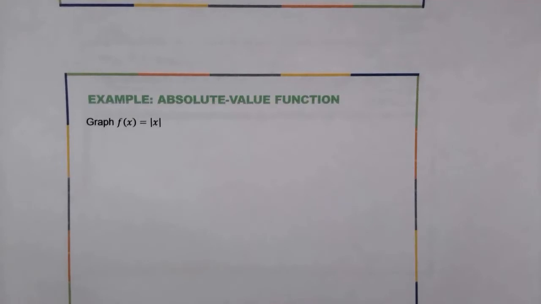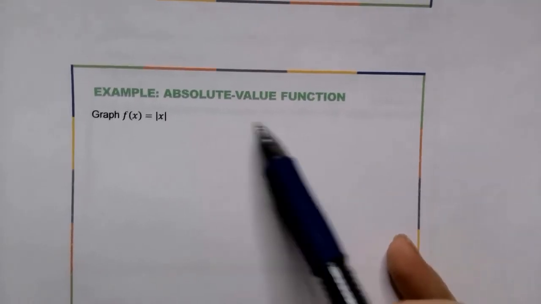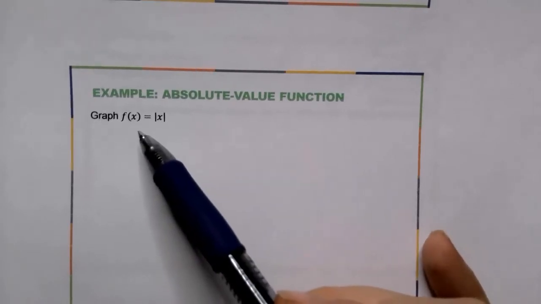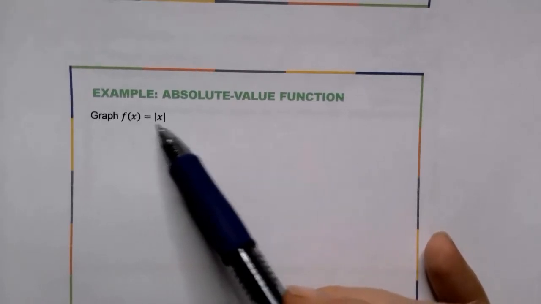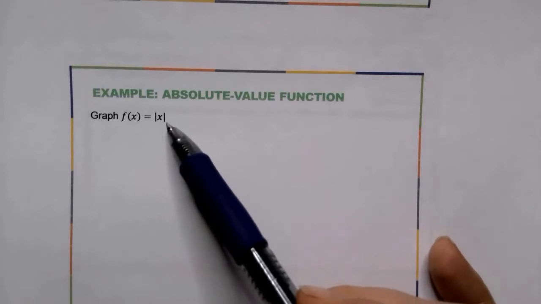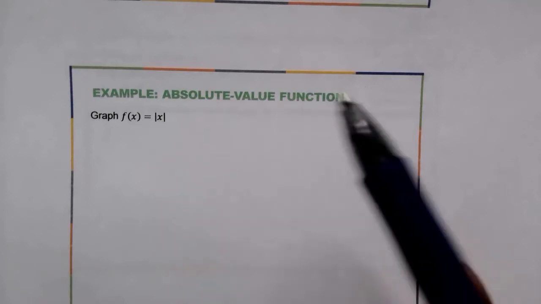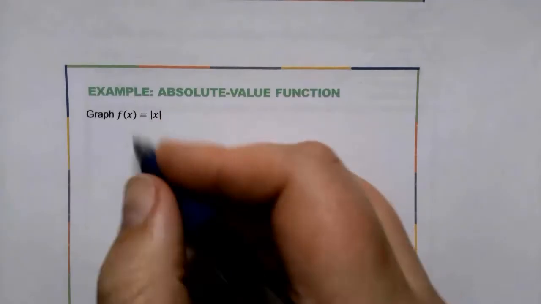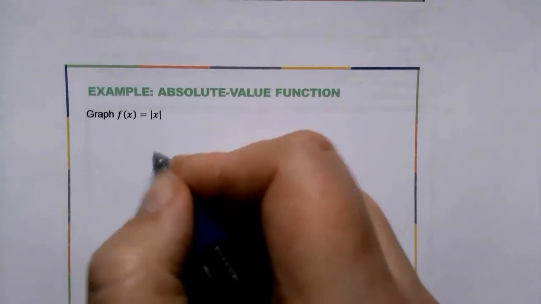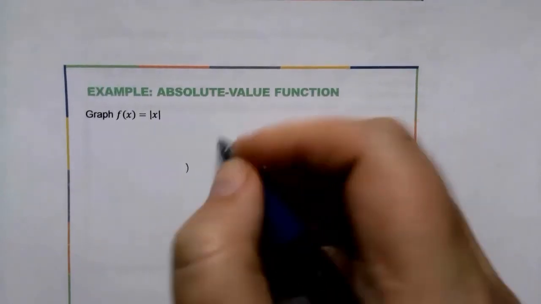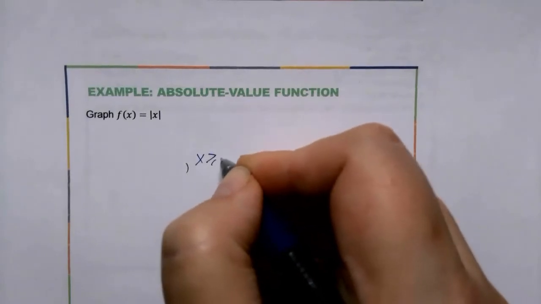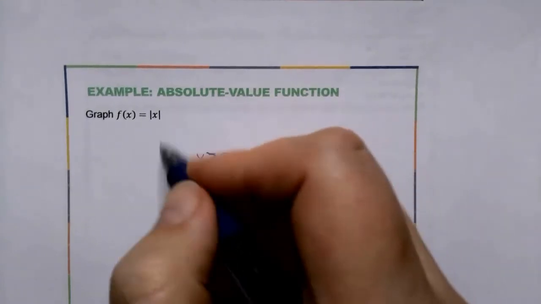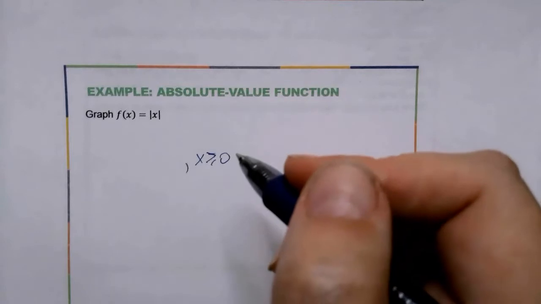Here's another example of a piecewise defined function. This is an absolute value function, right? We can write it in just one formula as f of x equals absolute value of x. But if we wanted to explain how to graph this function, when x is greater than or equal to 0, then f of x just equals x.